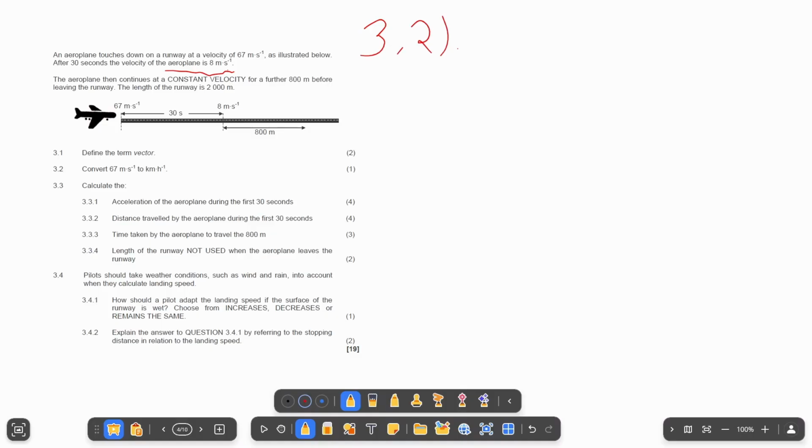We know that in an hour we have 3,600 seconds, and in a kilometer we have 1,000 meters.